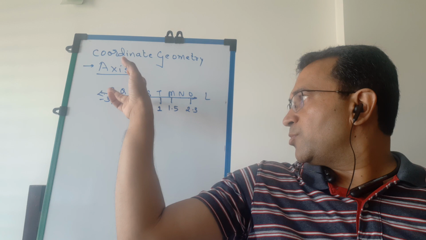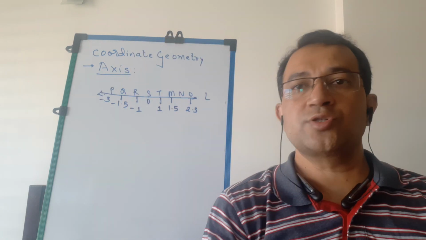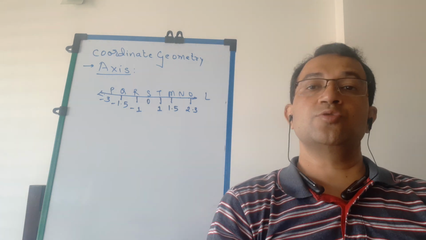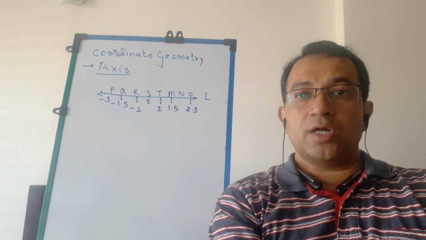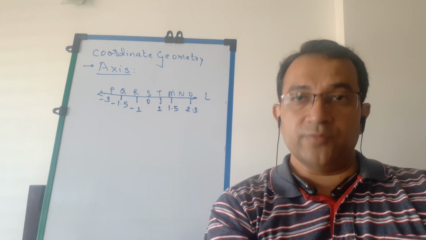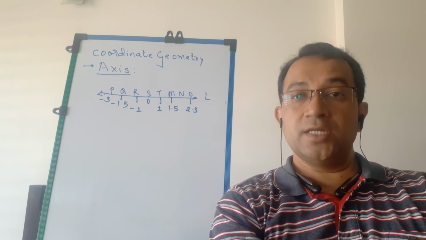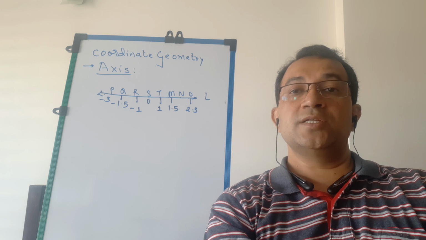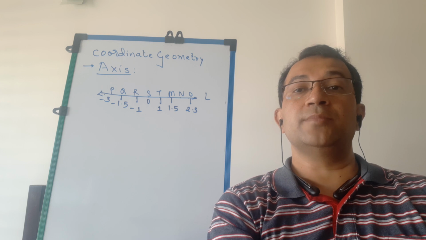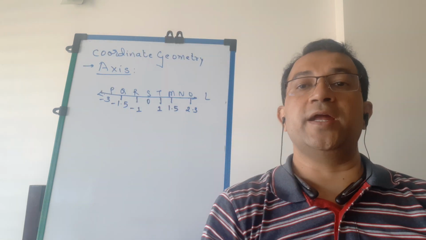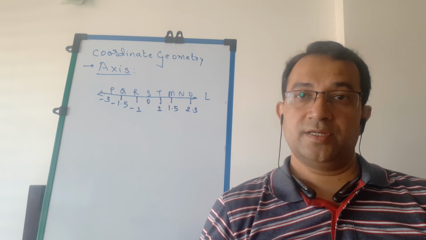So S corresponds to 0, T corresponds to 1, M corresponds to 1.5, Q corresponds to minus 1.5, P corresponds to minus 3. So students, for every point we have one number, or correspondingly for every number we have one point. So there is one-to-one correspondence between points on a line and the set of real numbers R. Then students, that line is defined as an axis. You should know this, students.